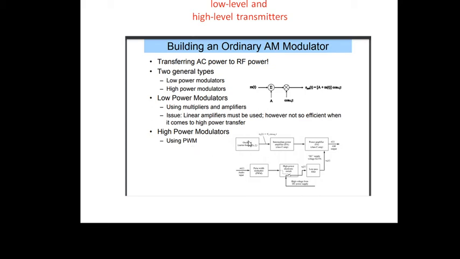Then the high power modulator uses a pulse width modulator. We can see the block diagram: oscillator, high power amplifier, intermediate power amplifier, class C amplifier, low pass filter, then high power determination and pulse width modulator.